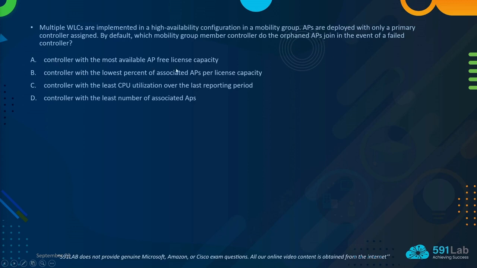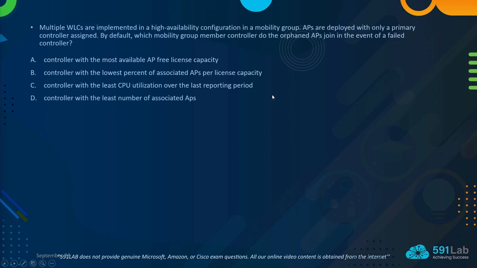A controller with the most available free license capacity, the most license capacity, or lowest percent of associated APs per license, or the controller with the least CPU utilization over the last reporting period. Okay, interesting, CPU utilization. All right. Controller with the least number of associated APs.